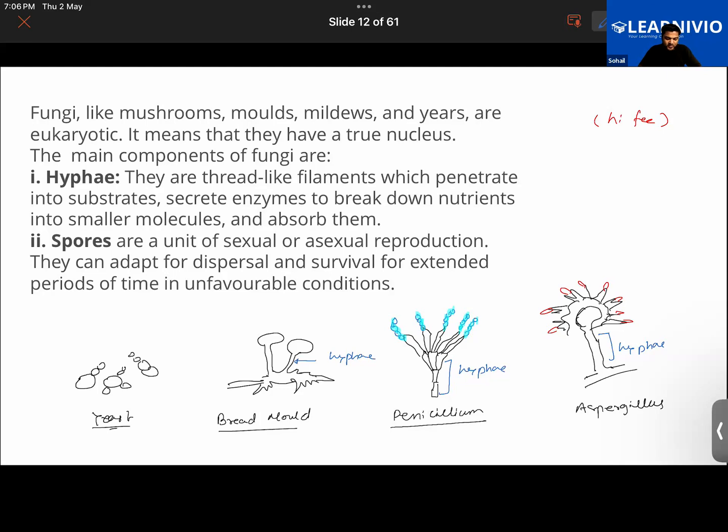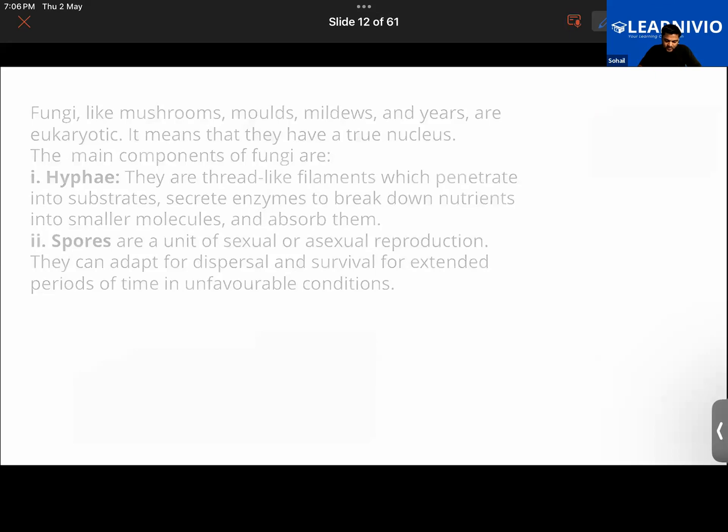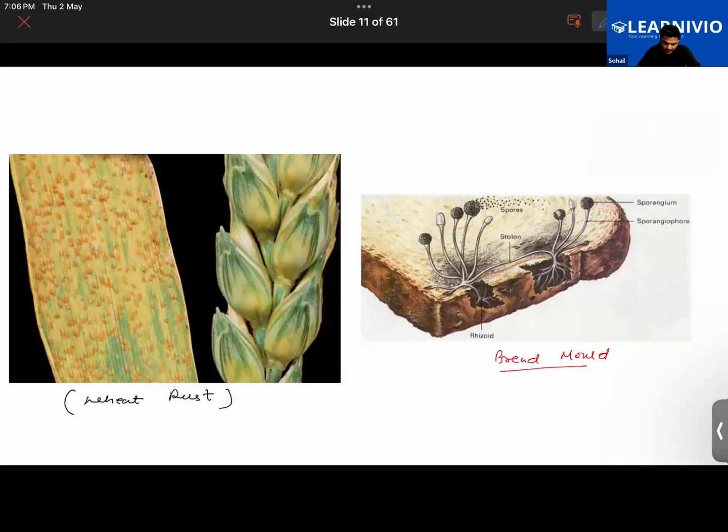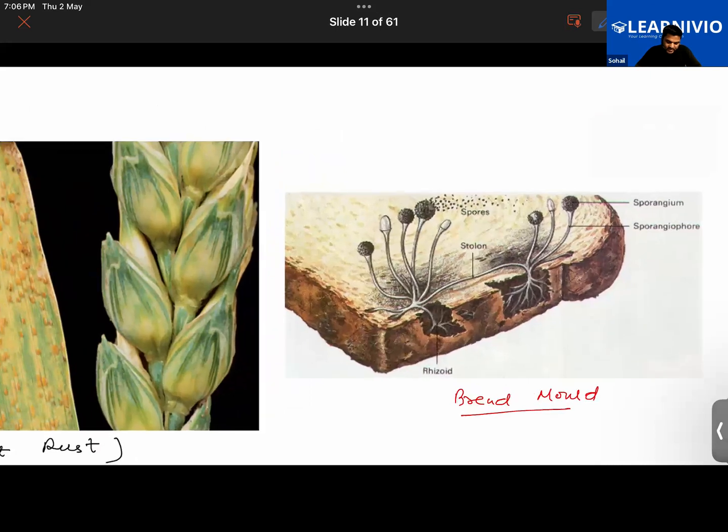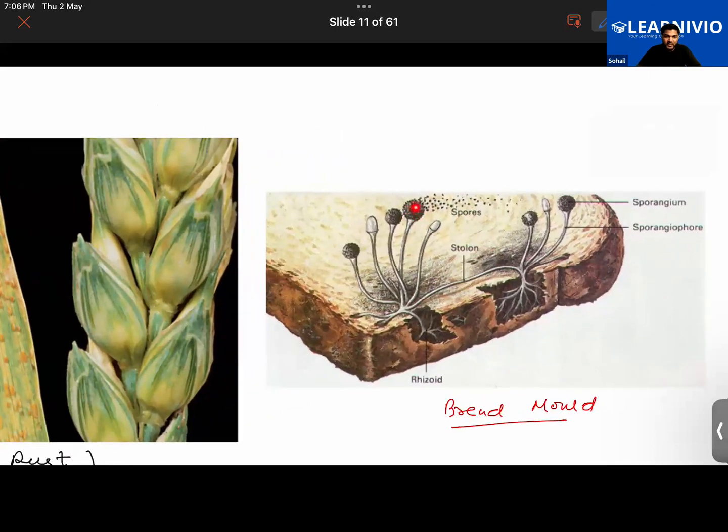Let me first tell you what a spore is. First of all, look at this one over here. That will give you a better idea. Look at the bulb-like structure, the head of the bread mold, and you will find that some tiny particles are coming out of it. This bulb is called a sporangium.